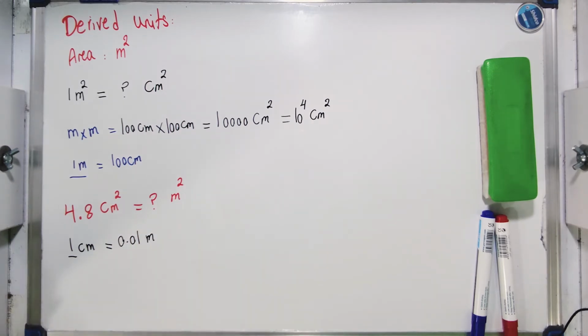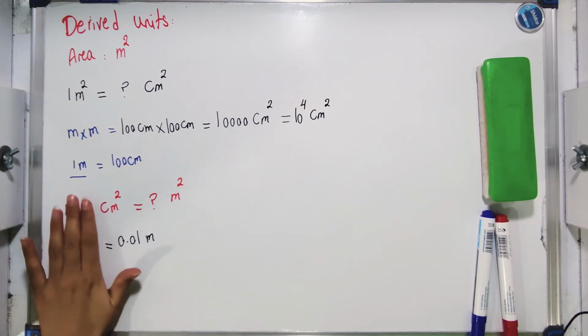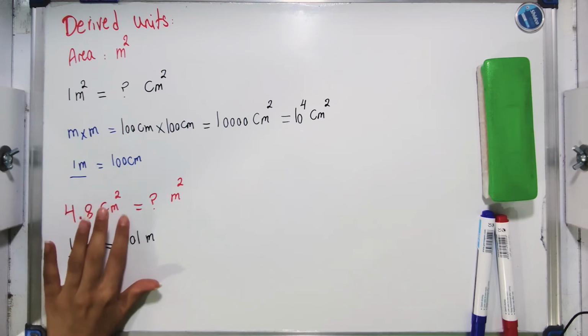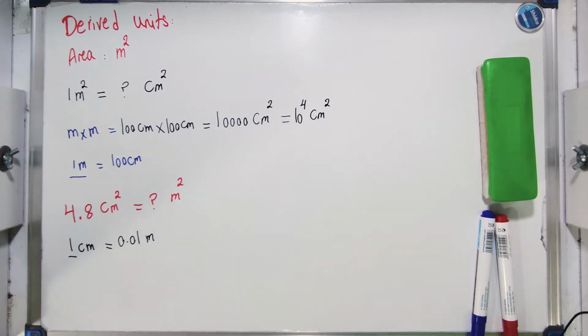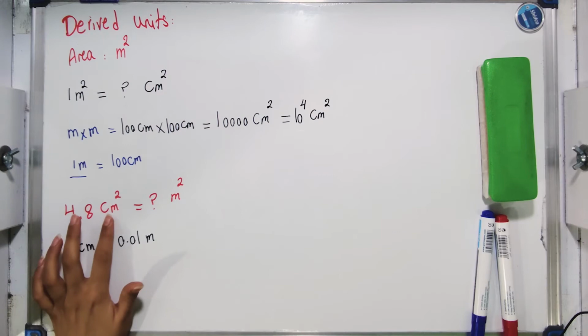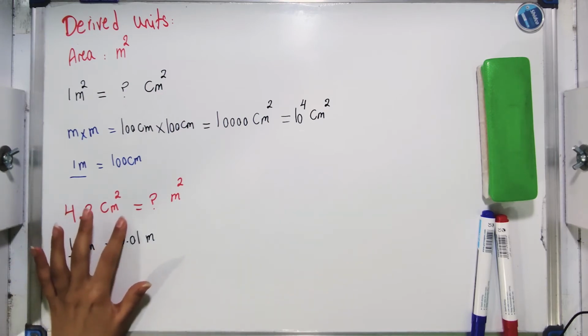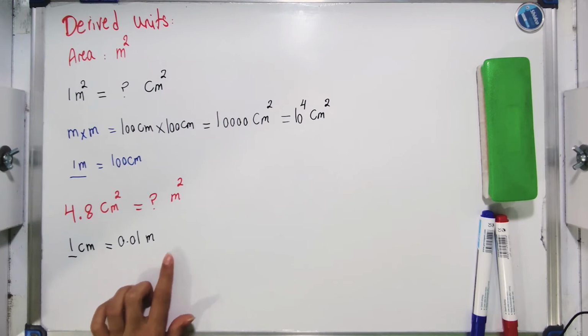So the first step, when you are converting one unit to another, ignore the numerical part before the unit. Just focus on the unit. Here, I'm just converting square centimeter to square meter. But a step before it, I say 1 centimeter is equal to how many meters? 1 centimeter is equal to 0.01 meters.